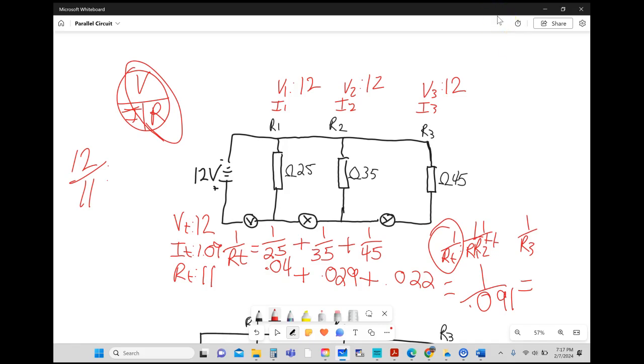But now we got to calculate the current drop across here, okay? And once we do that, then we're going to add them up, and they should equal 1.09. This is how we prove we are correct, okay?